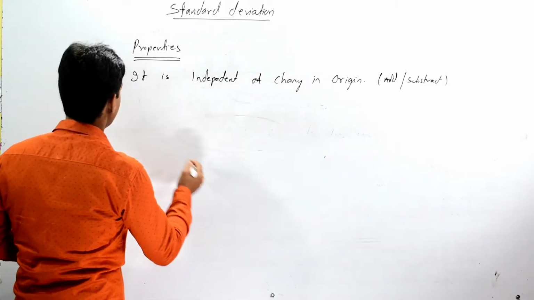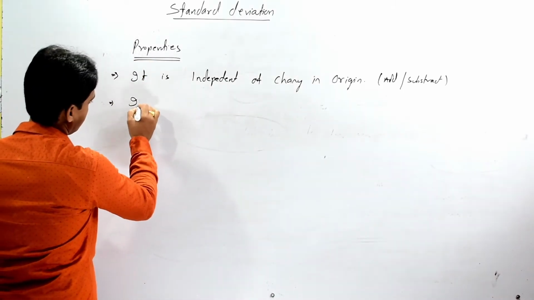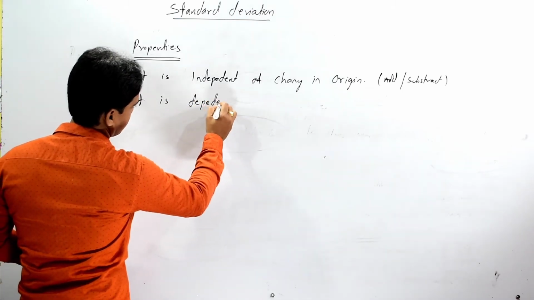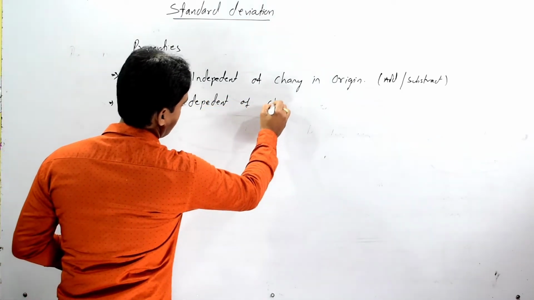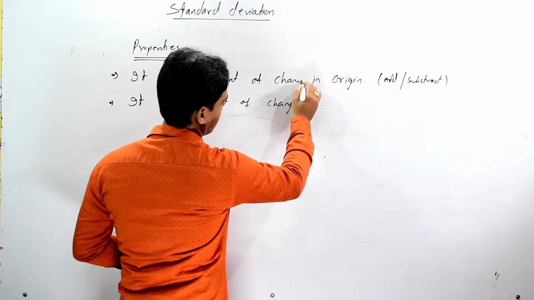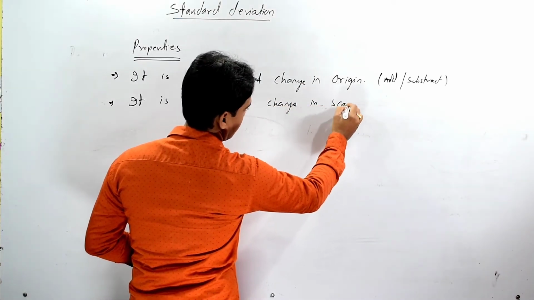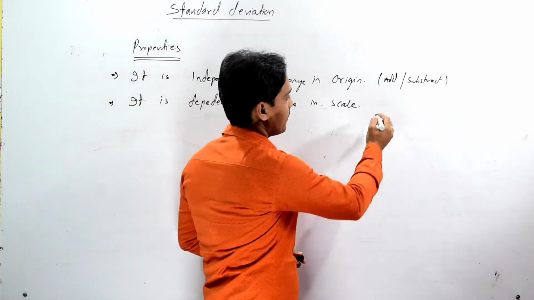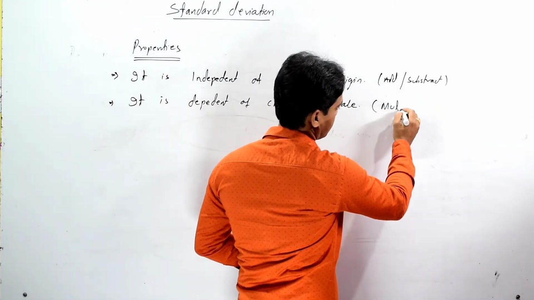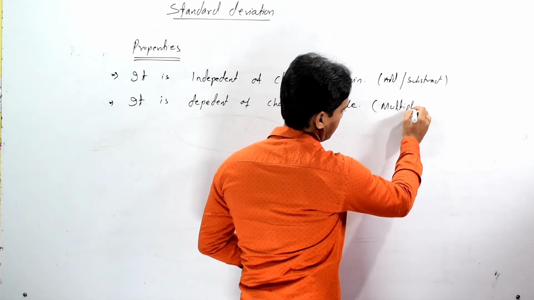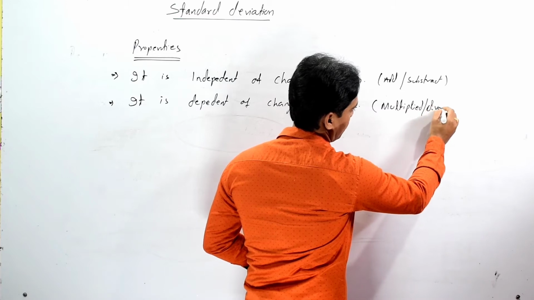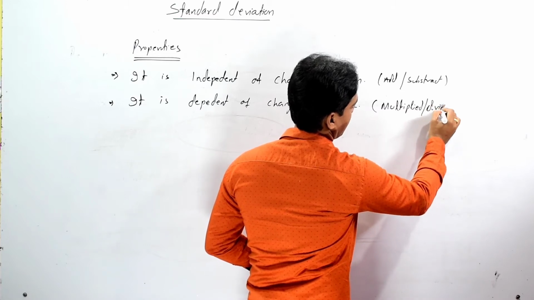then the value of standard deviation remains unchanged. Whereas our next property is, it is dependent on change in scale. Here the value of the standard deviation changes with the change in the value of variables.